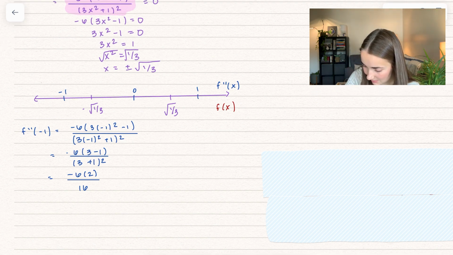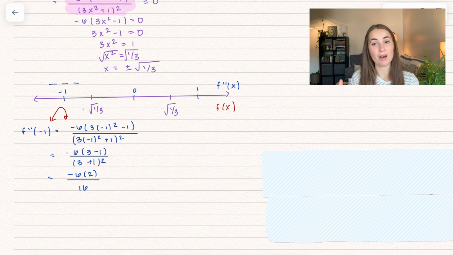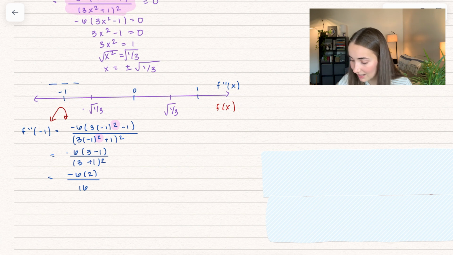So that tells me this will be negative, which means our function will be concave down. The nice part between -1 and +1 is that it's going to result in the same value, and that's because we're squaring both terms. So when we square -1, we get +1, so they're going to have the same outcome, right? Which tells me that this interval will also be negative, which means our function will be concave down.